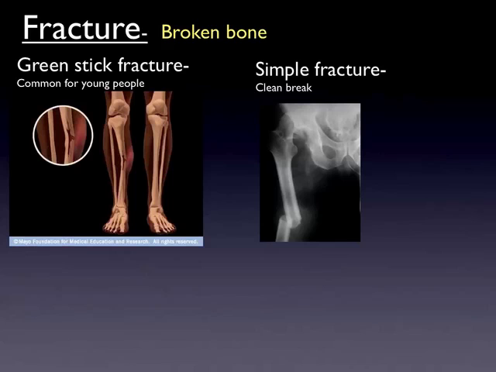Casting basically just immobilizes it. Generally, they'll cast the joint above the fracture and below the fracture. So if you fracture your tibia or fibula, they probably cast above your knee and below your ankle. If you fracture your ulna or radius, they probably cast down past your wrist and up above your elbow. It depends on where the fracture is.